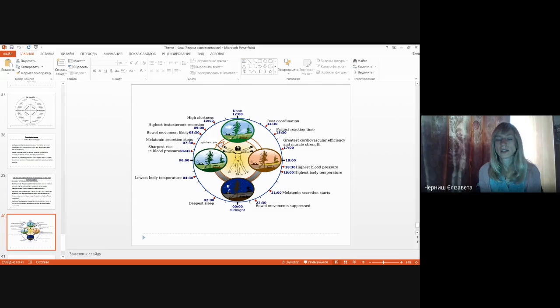We see when we can have the highest blood pressure or highest body temperature, or, for example, secretion activities change daily, and different types of processes in connection with secretion activities, of course, and deep sleeping. The period of deep sleeping is included in this type of biological clock, and different phases of sleeping.